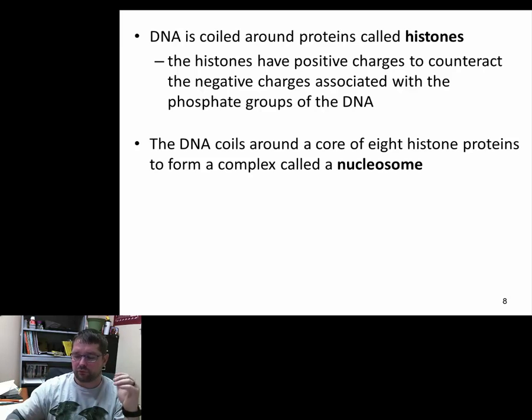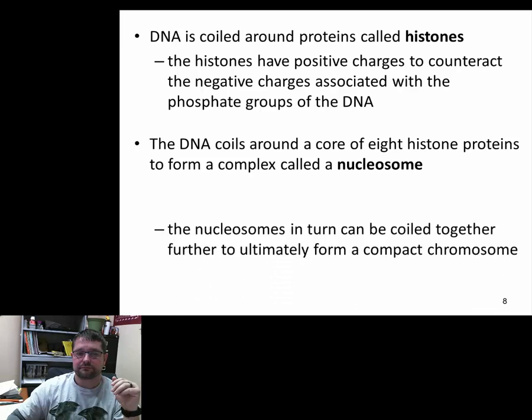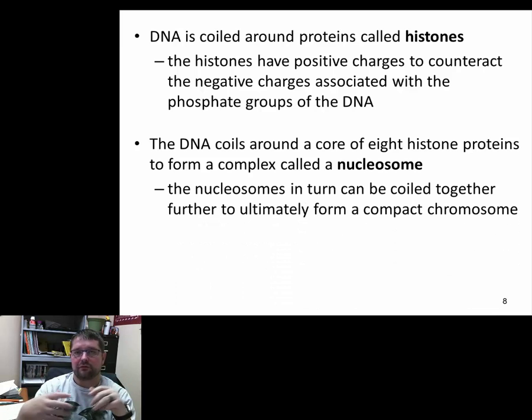Nucleosomes then wrap around other nucleosomes, and you get a very compact chromosome from this wrapping of chromatin and proteins. That's really what it takes to condense DNA to make it visible.